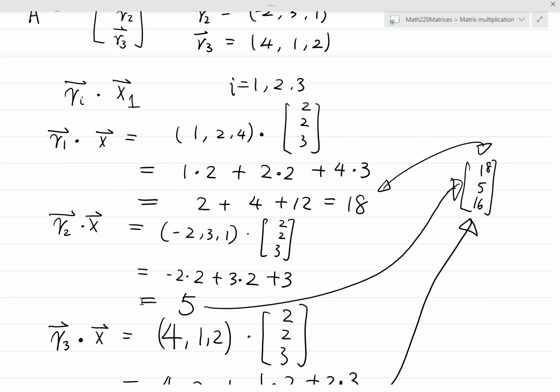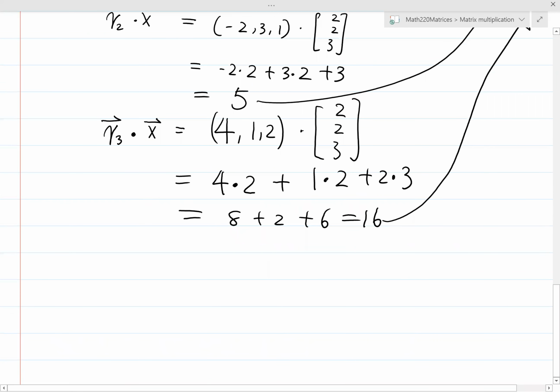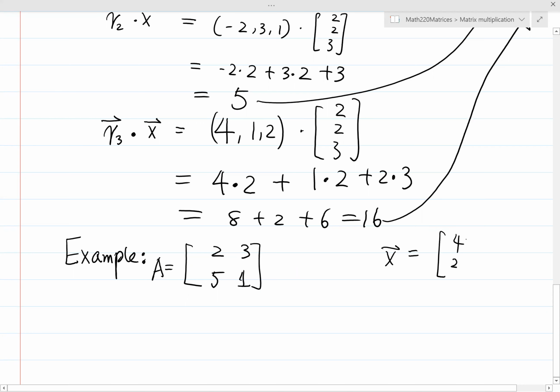Okay, more examples. 2, 3, 5, 1. Now this matrix is A, and this is X. X is 4, 2.